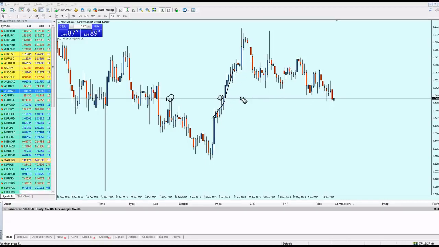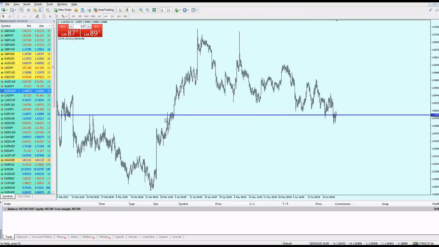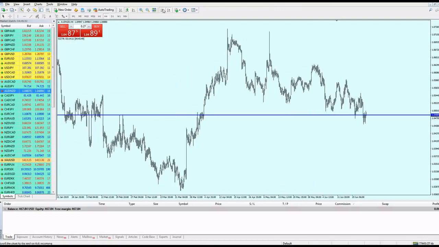Then later this resistance became a previous support like that, and this support has been broken out by this long bearish candle, and right now the pair is reversing on this resistance. So this is on the daily chart. Let me now draw the line here, and I will switch to the 4-hour chart, and by seeing that, let me tell you something.